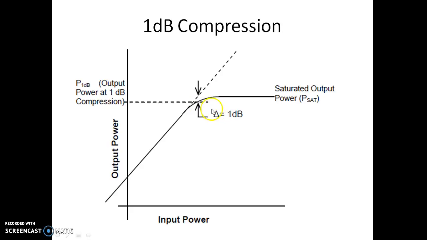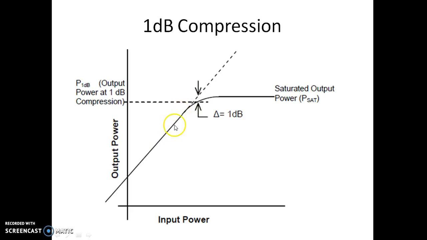The input power at which we have this 1 dB compression of the output power with respect to the ideal one is called the 1 dB compression point. It refers to the input power at which we get an output power which is 1 dB less than the ideal power that would have been obtained in case of an ideal amplifier.